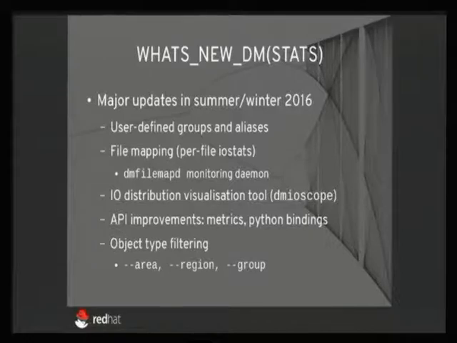So, my baby, the thing I really am quite pleased with is file mapping. We'll take a deep look at that in a moment, but the basic idea is you can have IOSCOPE now for an arbitrary file anywhere in the file system, as long as it's ext4 or XFS.